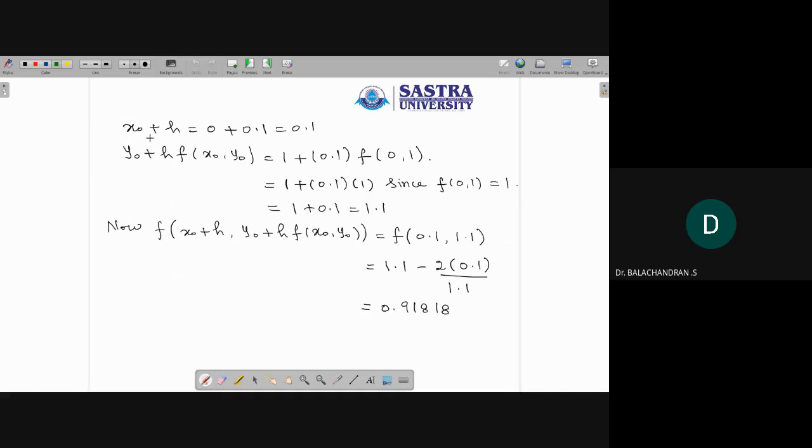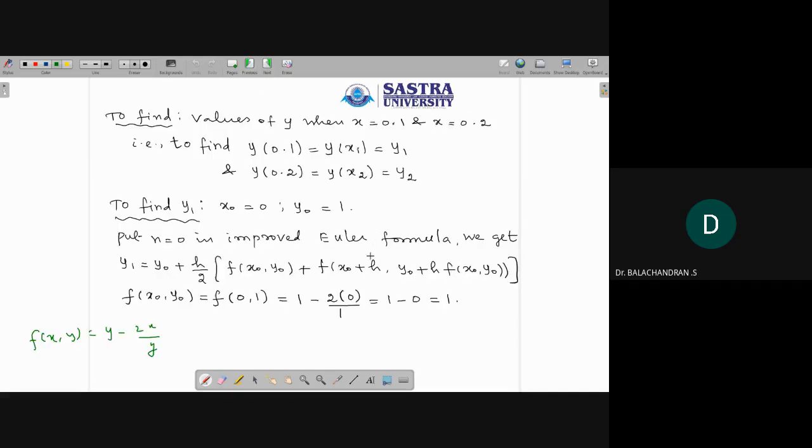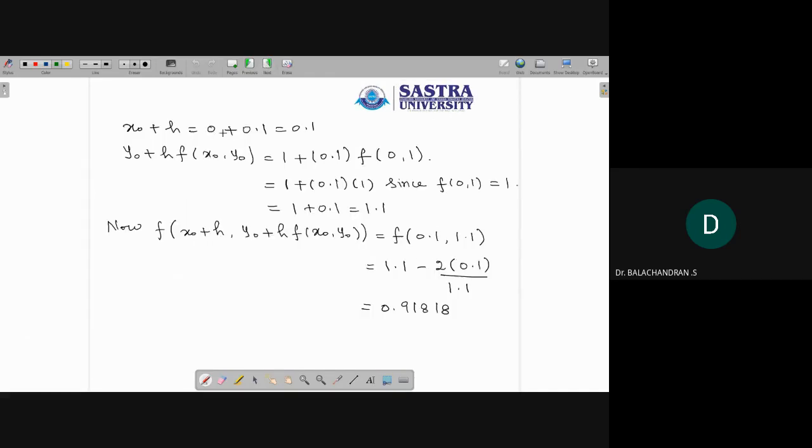Next I am going to find x naught plus h, and then I am going to find y naught plus h into f of x naught comma y naught. So x naught plus h: x naught is 0 and h is 0.1. So 0.1. So what is next?